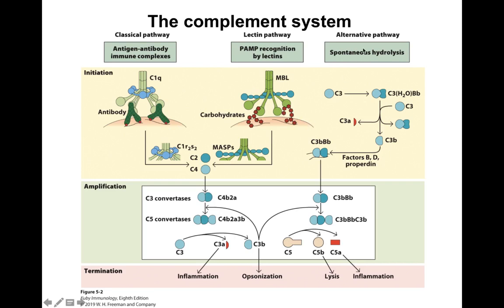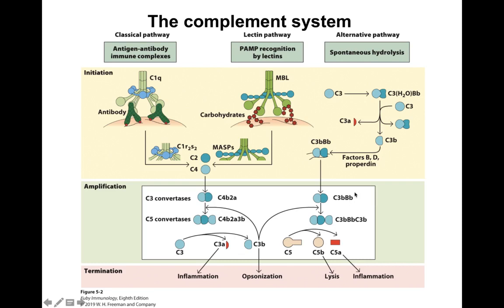And then the third pathway, the alternative, involves spontaneous hydrolysis, due to the fact that C3 can hydrolyze and be split into C3a and C3b. And then C3b, which is also generated from the C3 convertase, can, with factor B, become a C3 convertase. In the alternative pathway, the C3 convertase is different than the C3 convertase in the lectin or classical pathway.